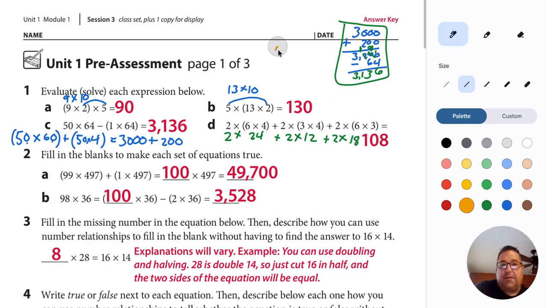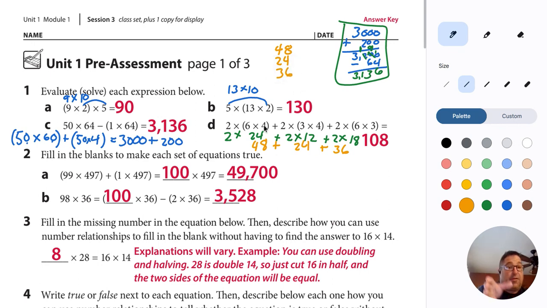So 2 times 24, that's 48. Okay. So we got 48 right here. Plus, what's 2 times 12? Well, that's 24. Plus 2 times 18 we're going to get 36.